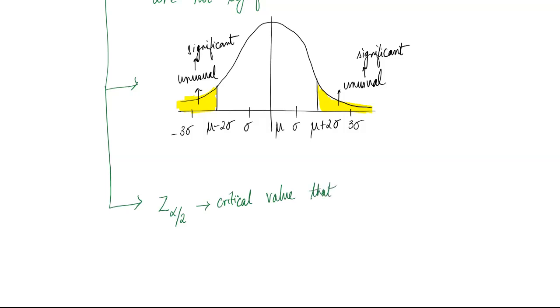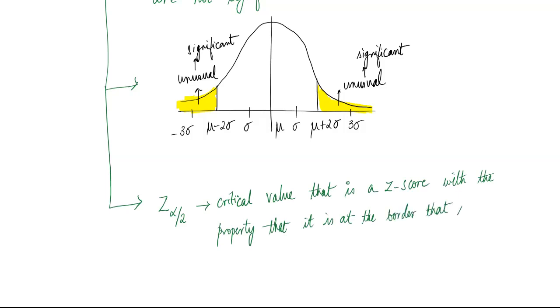So Z alpha over 2 is the critical value that is a Z-score with the property that it is at the border that separates alpha over 2 in the right tail.